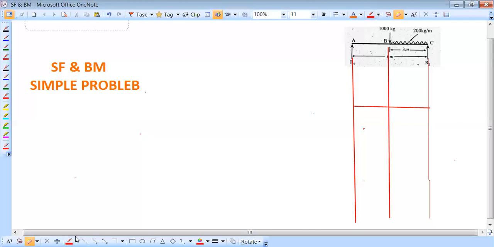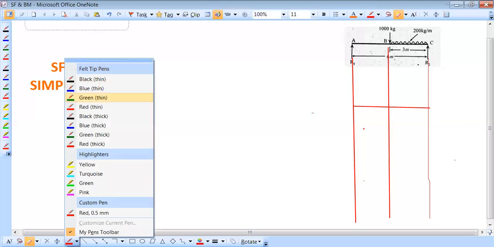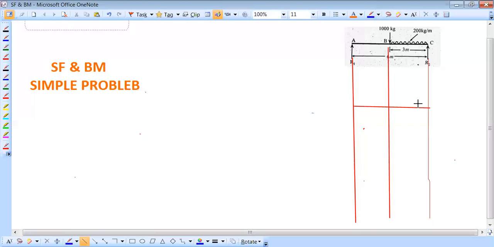Then we can take another line here for 950. Take any scale and take a distance for the 950. Again, what is the value just before B? It is 350. There is no force between B and C, and draw this another line.